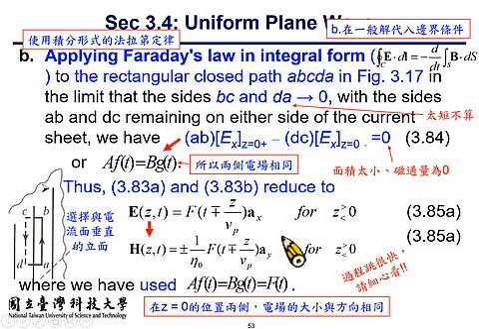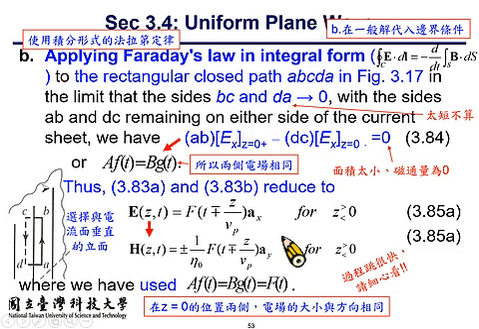Now, this relationship is only satisfied at the position of the source, that is z equal to 0. Since AF equals BG, A and B can be the same thing, and we can substitute AF and BG with the function F, as shown here.